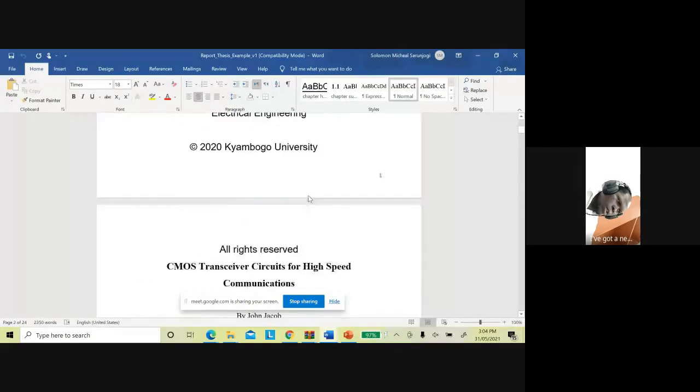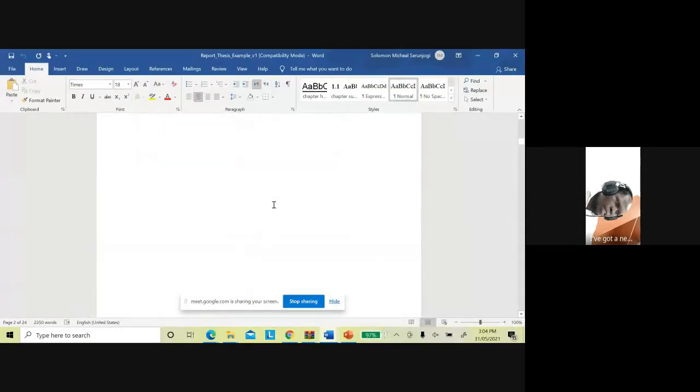Okay, so this is going to be the format. This is just a template.